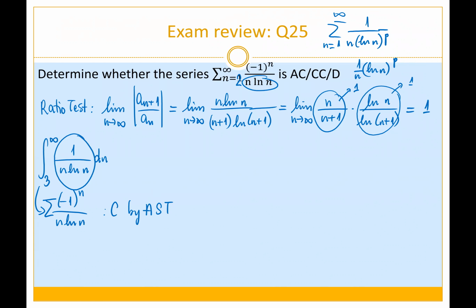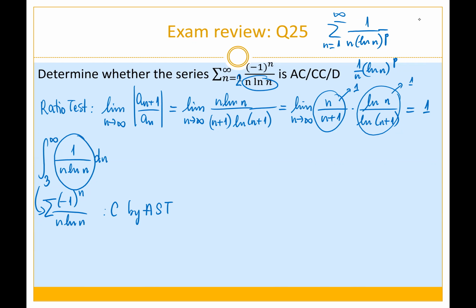So again, I would repeat it. We cannot use the ratio or root test because it gives us 1 and is inconclusive. But we're going to first identify whether it is convergent or not. So we look at this series.